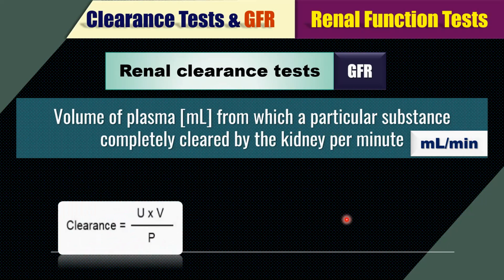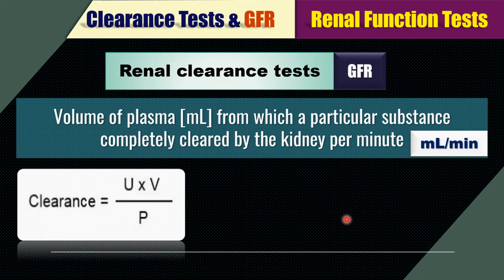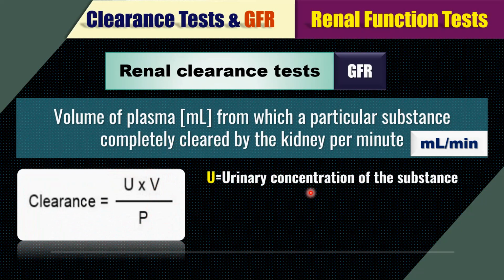The formula to calculate clearance is U multiplied by V divided by P, where U stands for urinary concentration of this substance.